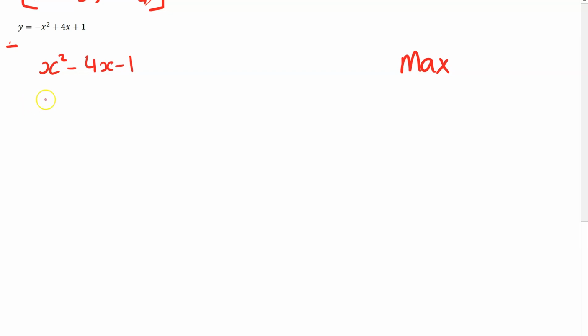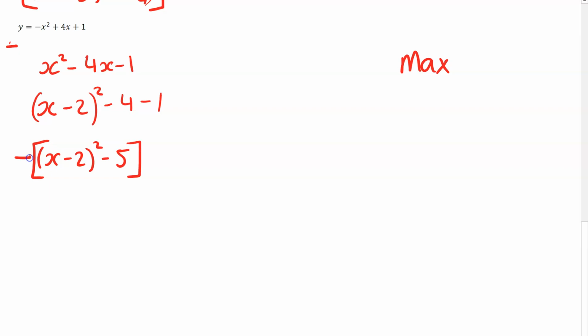Complete the square, so x minus 2. If I squared that, I would get 4. I don't want that, so I take it away, but I put in what I want. That would leave me with x minus 2 squared minus 5. However, we've got this minus that's got to run through it.